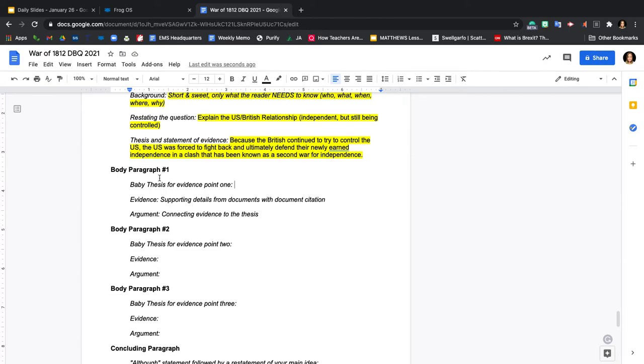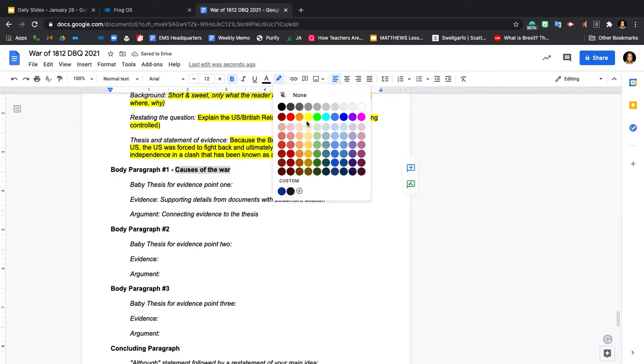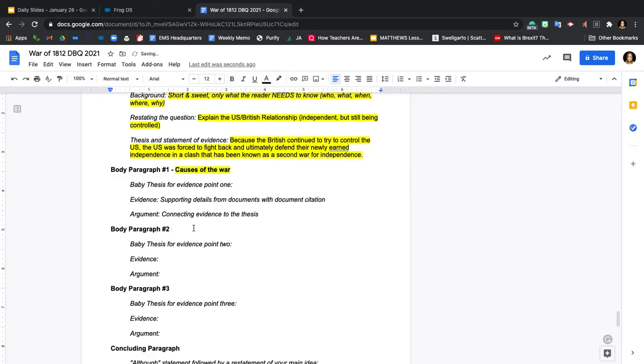So for your body paragraphs, I see 3 main topics in the question, so those are going to be my 3 main body paragraphs. So body paragraph 1 is going to be causes of the war. Body paragraph 2 is going to be consequences or effects of the war.